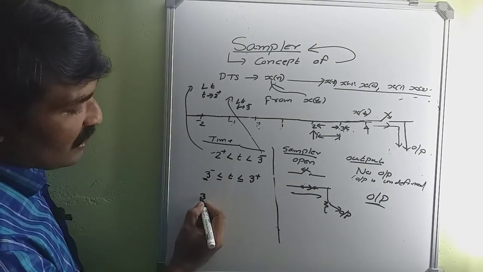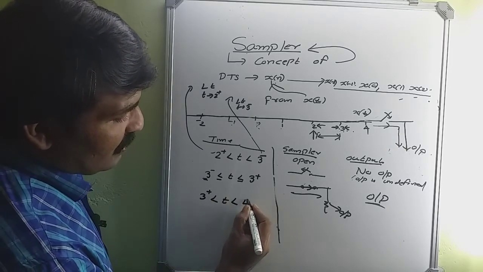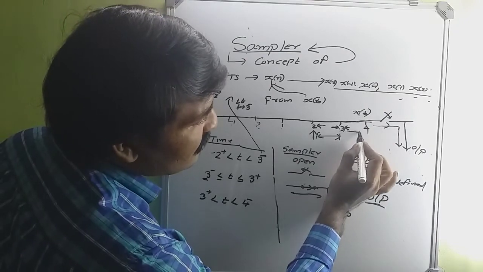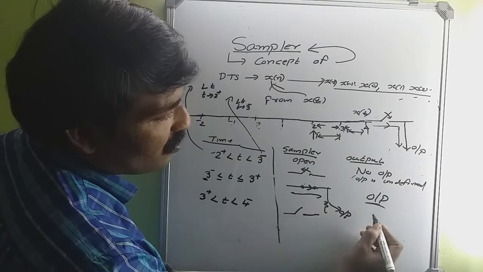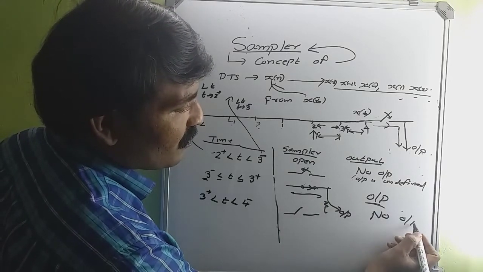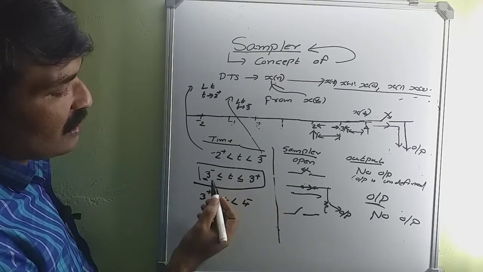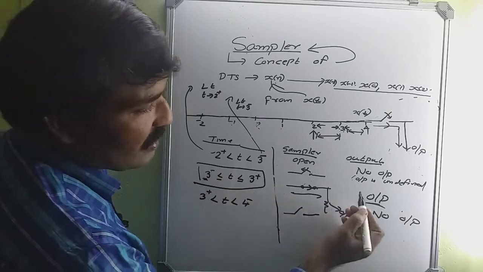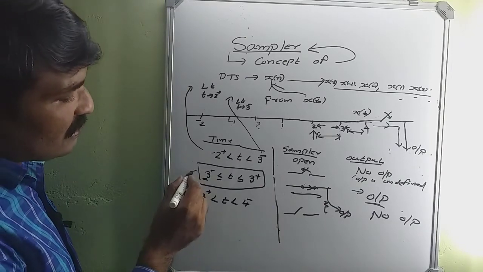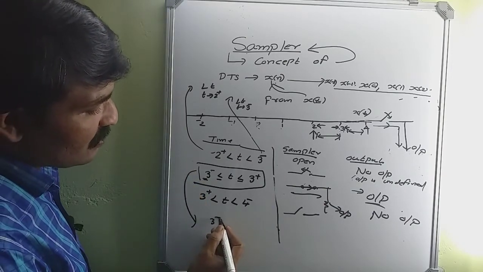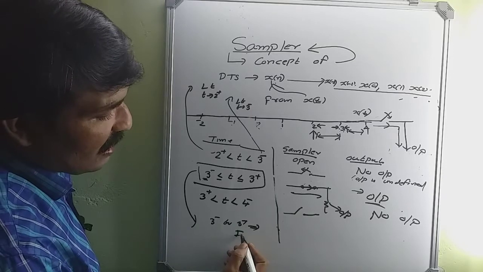Now from 3 plus less than t less than 4 minus, what happens to the sampler? The sampler remains open, so there is no output. During the duration between 3 minus and 3 plus, we get output. This implies an impulse.